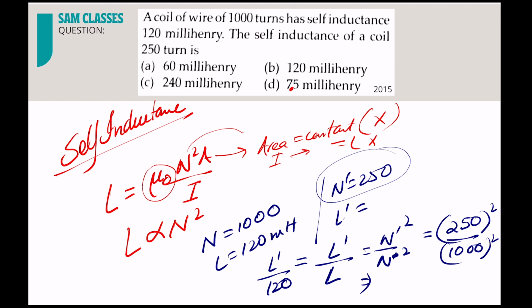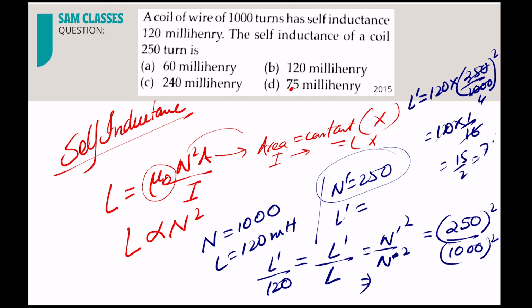Correct. So let's solve it here. So L dash is equal to 120 into 250 by 1000 whole square. So this is basically 1 by 4. So if I square it, I'll get 1 by 16. So if I solve, I'll get 15 by 2, so 7.5. Okay, so this will be the answer.